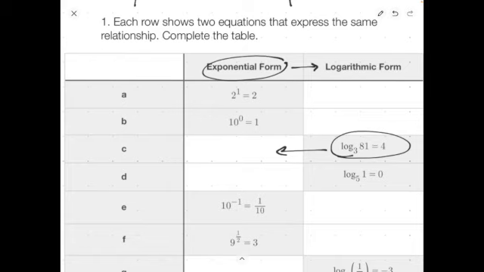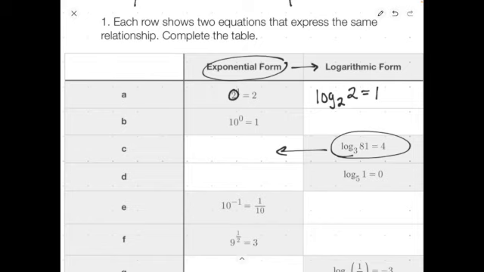So for row A, we're told that 2 to the power of 1 is equal to 2. So if it's going to be written in the logarithmic form, we need the word log. We need the base 2. In this example, the base is 2. In order to get 2, we would have to raise the base 2 to the power of 1.